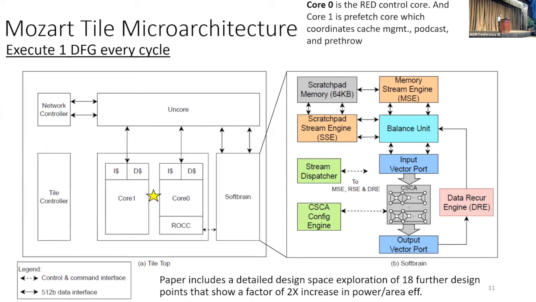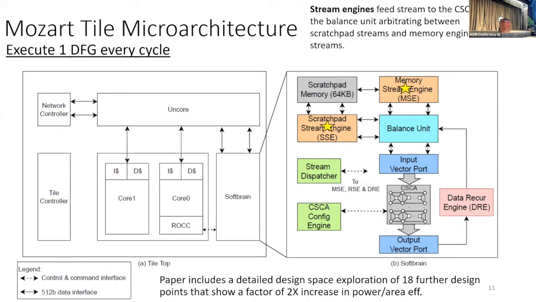We have two cores. The first core's job is to execute all of the control command instructions. We had another core whose job was to do other things. We use it to do prefetch, hide the latency and overlap of the broadcast and pre-throw traffic as it happens in parallel with all of the computation. Then the soft brain module implements all of the compute data flow pieces within this tile.